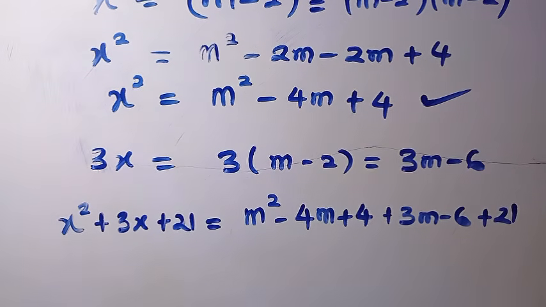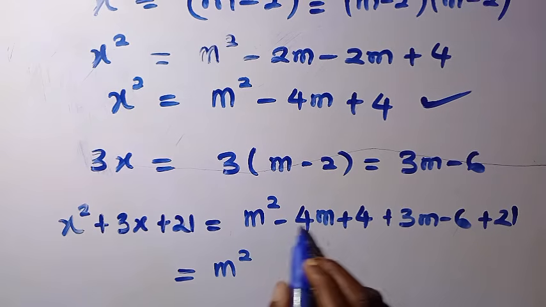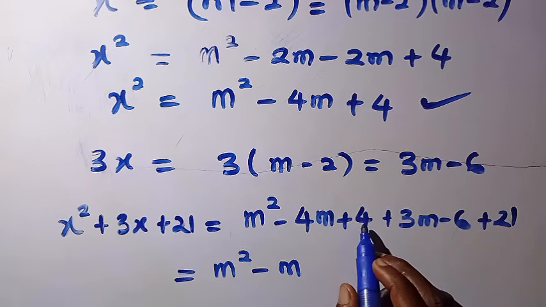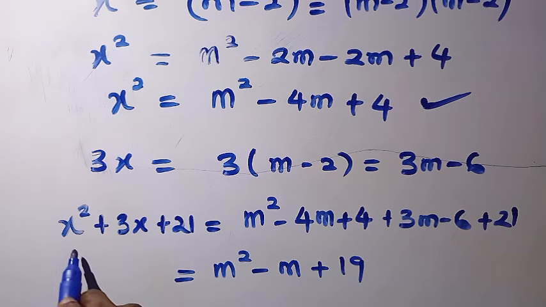Let's balance this up. We have m squared minus 4m plus 3m, which gives us minus m. Then 4 minus 6 plus 21 gives us 19. So this is for x squared plus 3x plus 21.